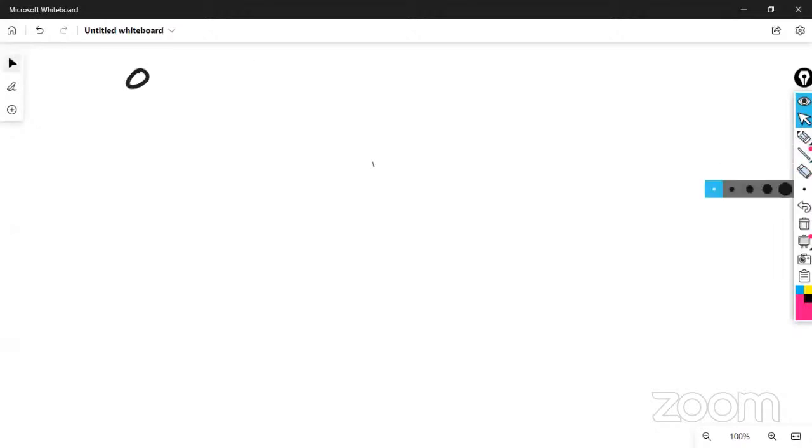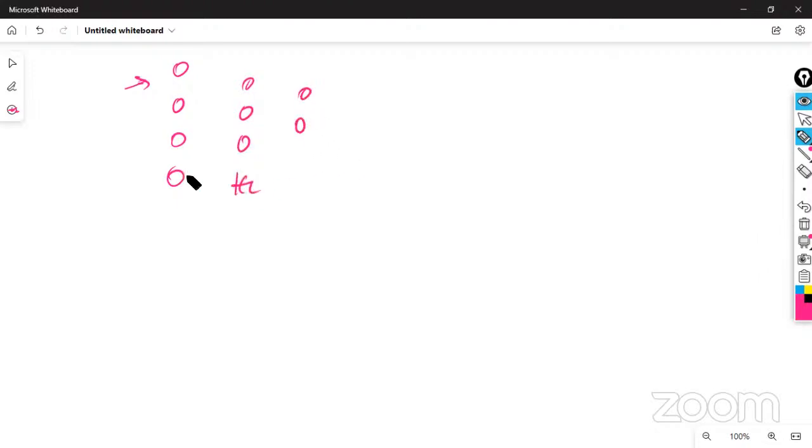You'll be having input nodes, and you'll be having the neurons at the hidden layer, and you'll be having output.